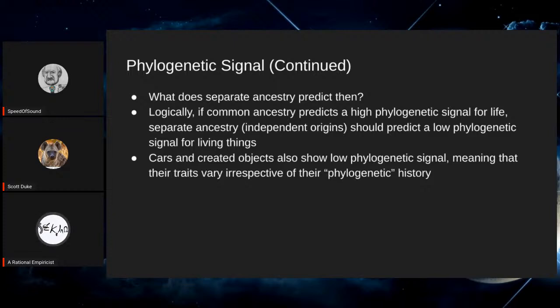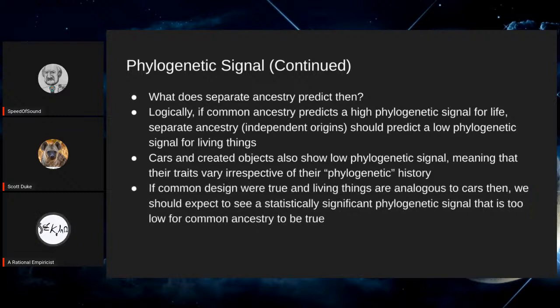Basically, they're somewhat indistinguishable from random noise. So they're not correlated in this hierarchical structure. Yep. So their traits, basically, like it says here, vary irrespective of their phylogenetic history. Now I put phylogenetic in brackets, of course, because obviously cars don't reproduce or have a phylogeny per se, but you can call it phylogenetic history, evolutionary history, what have you.